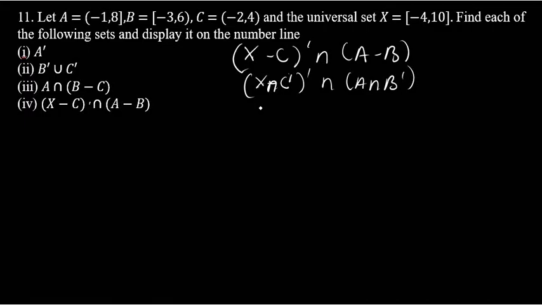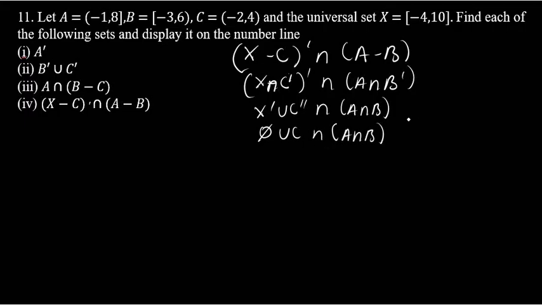When you expand that, it will be X complement union C, complement A intersection B. X complement is an empty set, so it will be just C. Then this side, A intersection B, so empty set union C. The answer is C.